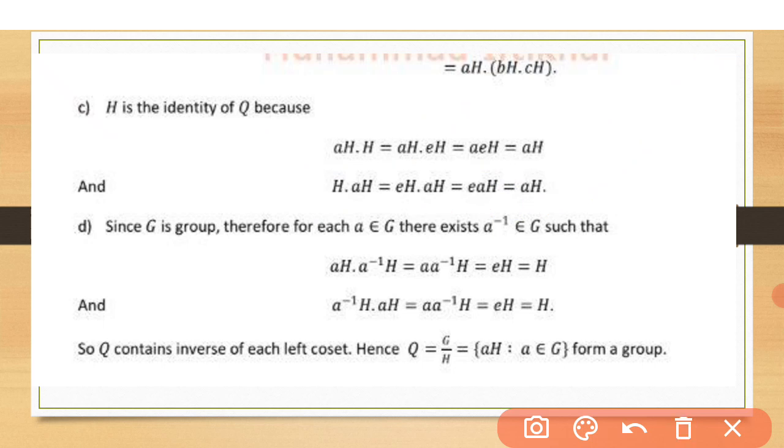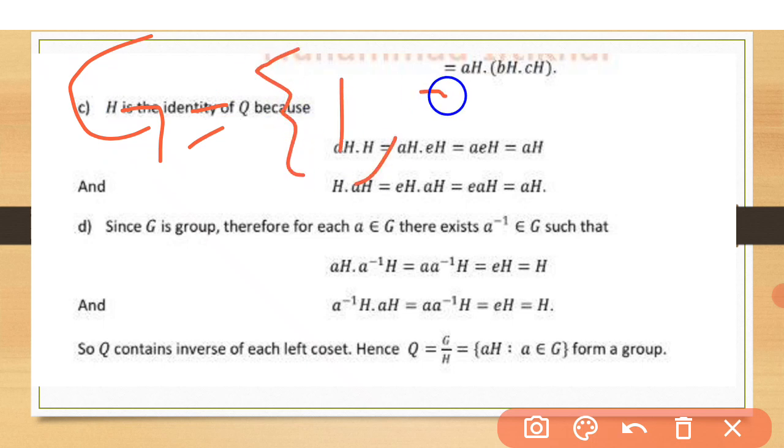So the fourth and the last property is inverse. Inverse of every element must exist. As we know that H is a subgroup, a normal subgroup. So if A belongs to G, G is a group, then A inverse also belongs to G. So let's take the inverses, as I have given the example, 1, 3, 5, 7.